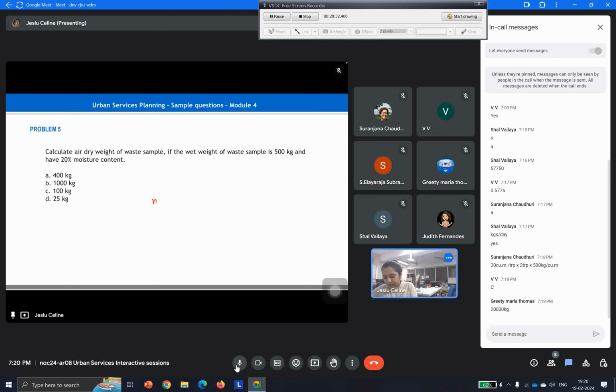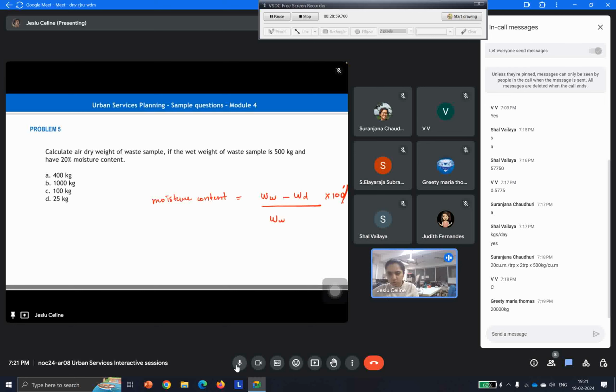We have learned that moisture content is equal to the weight of wet waste minus the weight of dry waste, divided by the weight of wet waste, into 100, like a normal percentage.